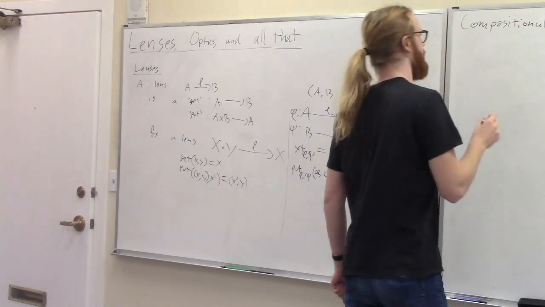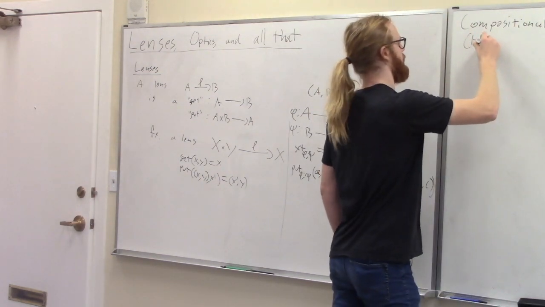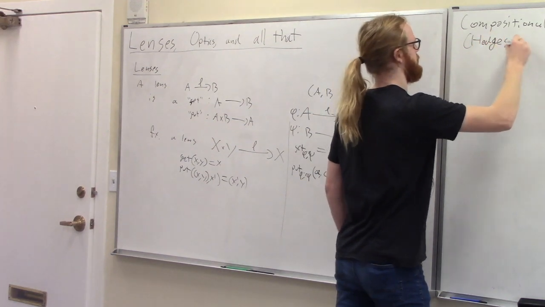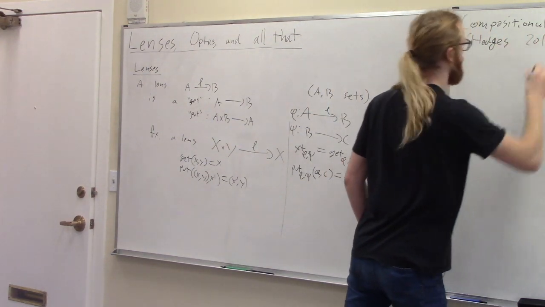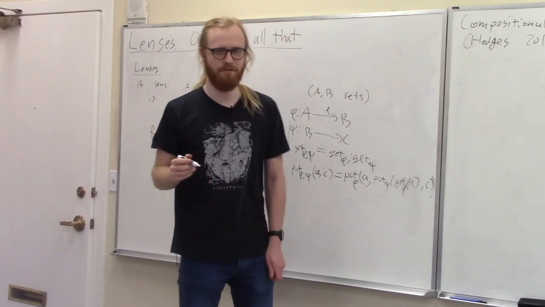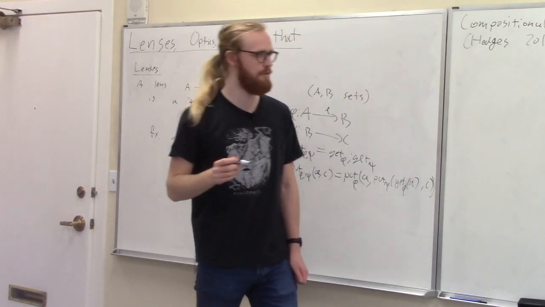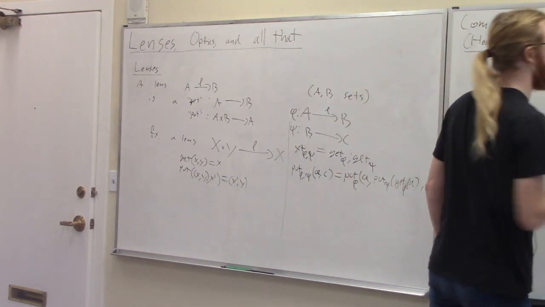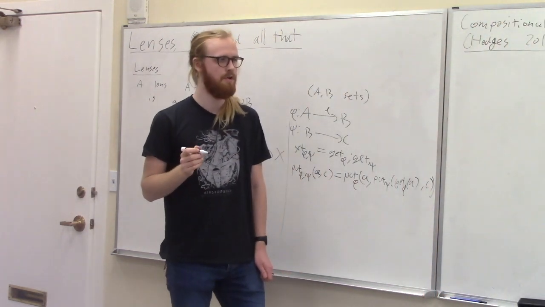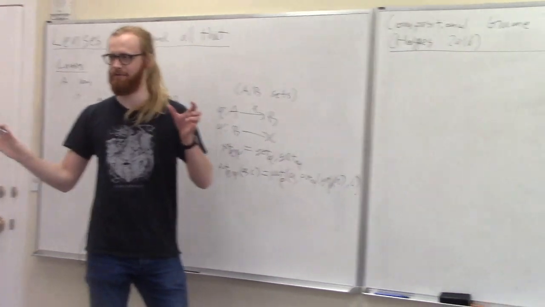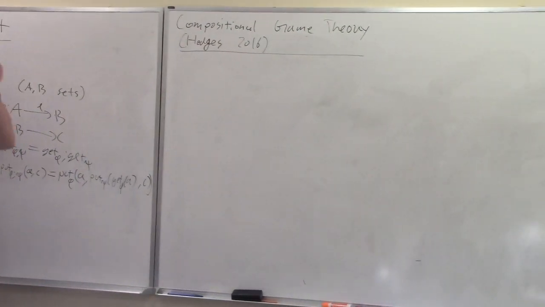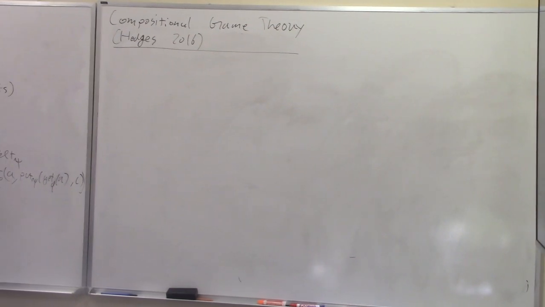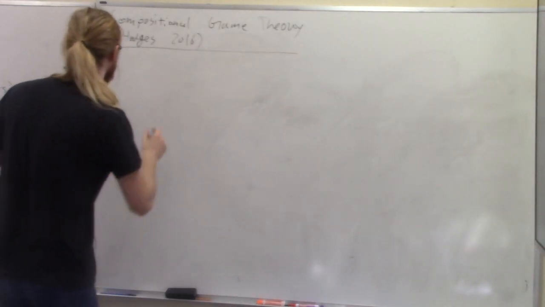This is Jules Hedges in 2016. So he was thinking about how to use category theory to describe game theory in the sense of economics. So you want to decompose a game into the different agents and how they interact with each other. So he came up with this definition.